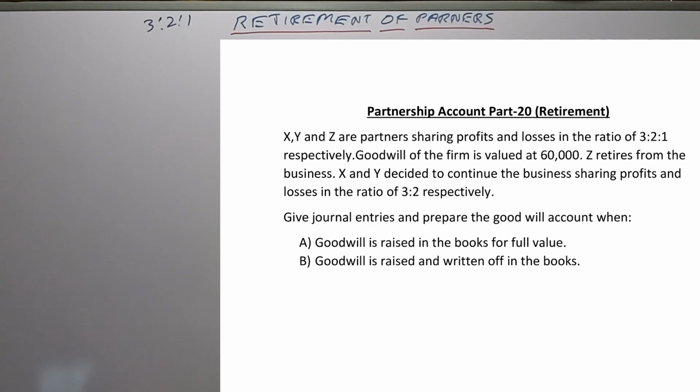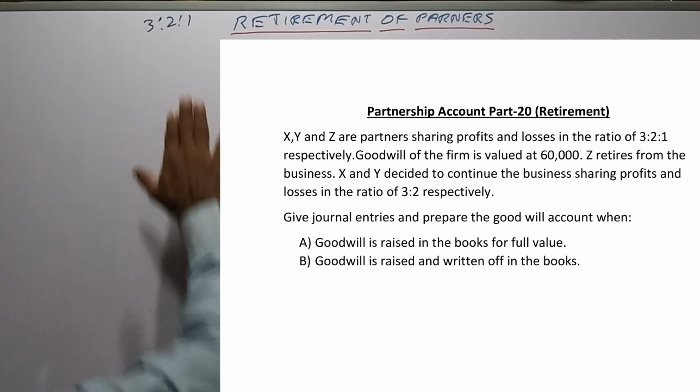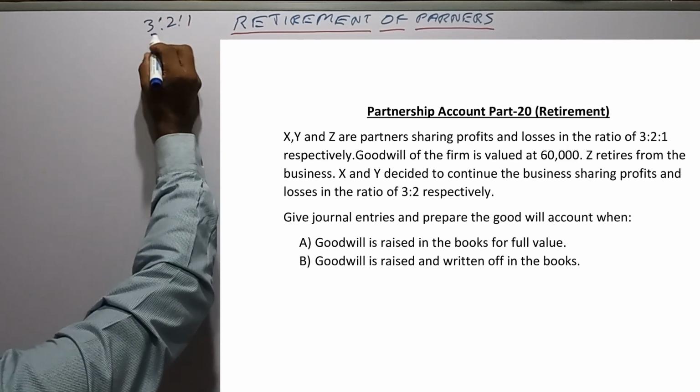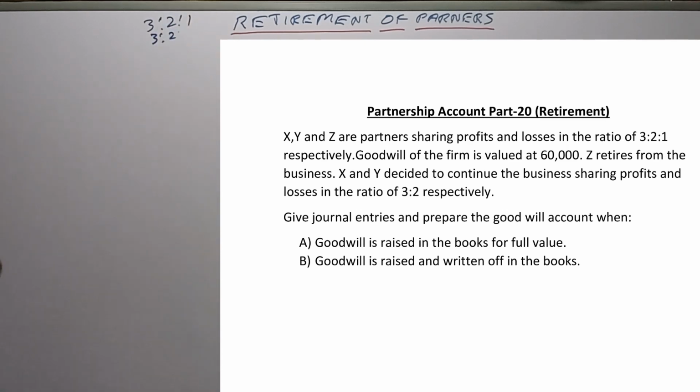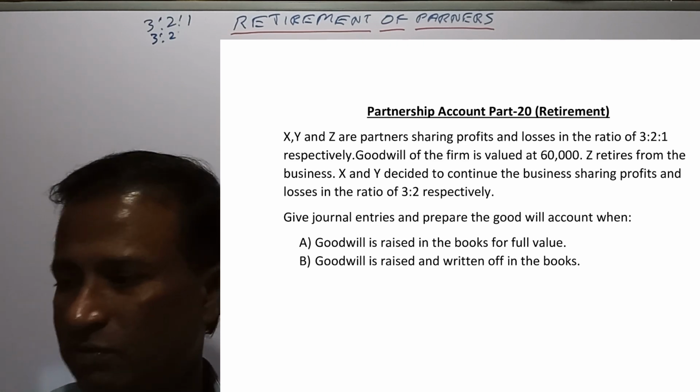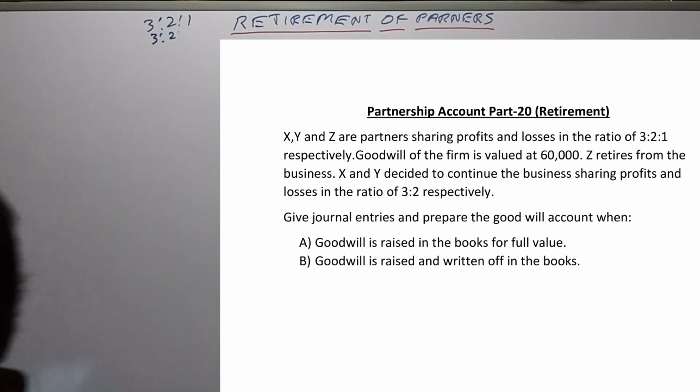Z retires from the business. X and Y decided to continue the business, sharing profits and losses in the ratio of 3 is to 2, right? They have adopted the elimination method, carrying on the business with the 3 is to 2 profit sharing ratio.